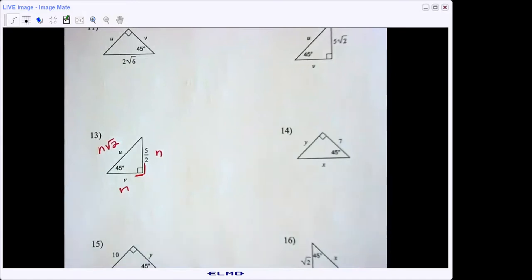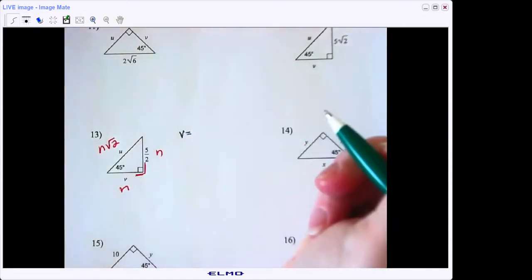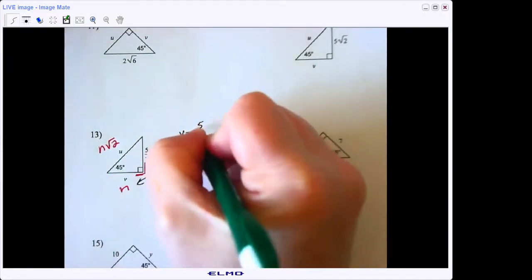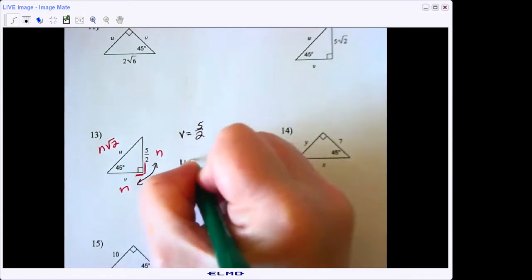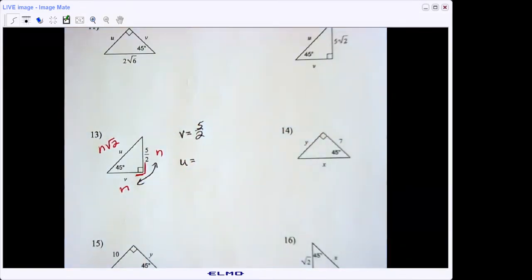So what do you think v is going to be? 5/2. Yep, 5/2. It's exactly the same thing. So what do you think u is going to be? 5/2 square root of 2.